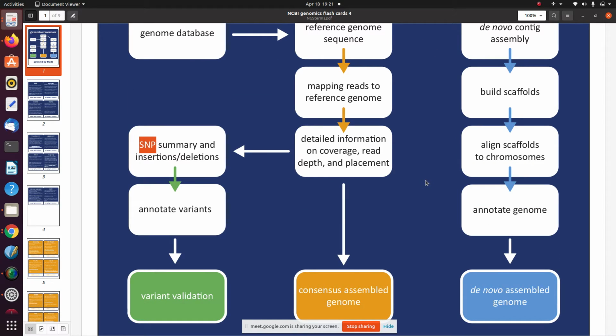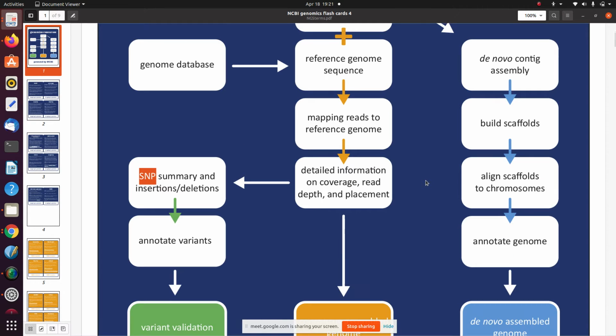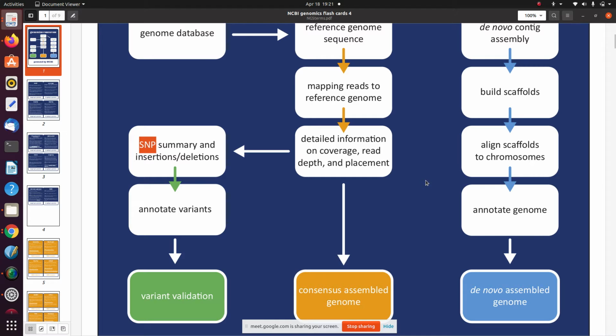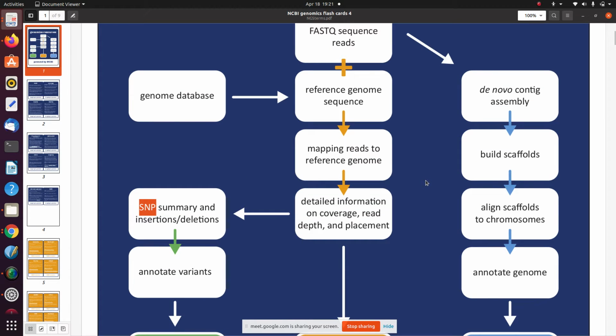So, for both variant validation as well as consensus assembled genome, we require a genome database, right? Yes. And from the genome database we require the reference genome sequence.